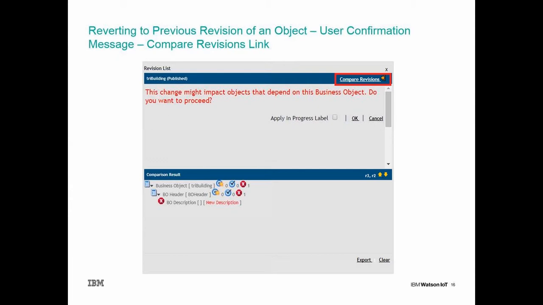It looks like there's a new description on my current object, and the one reverting to does not have this description. That is shown in the comparison results at the bottom of the confirmation message.